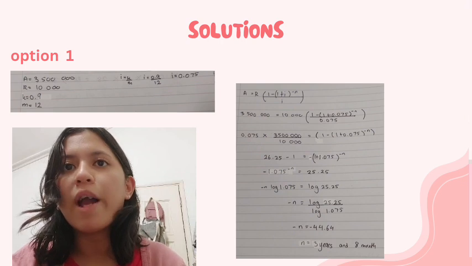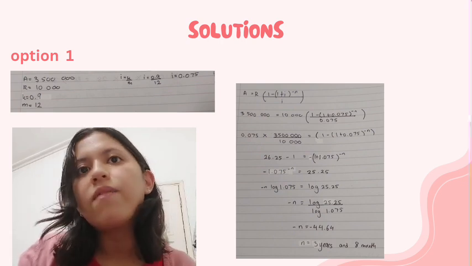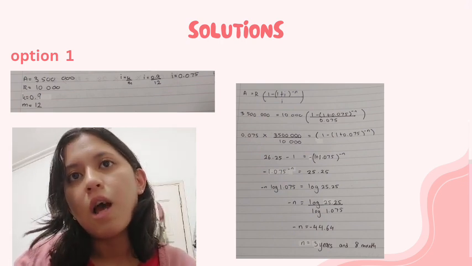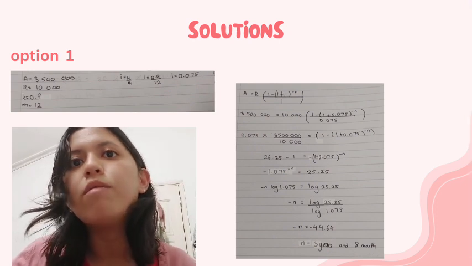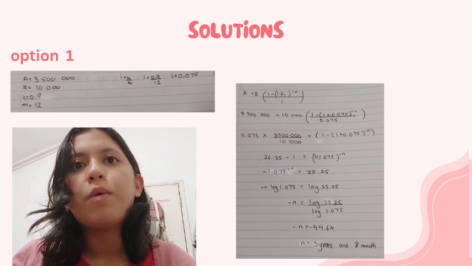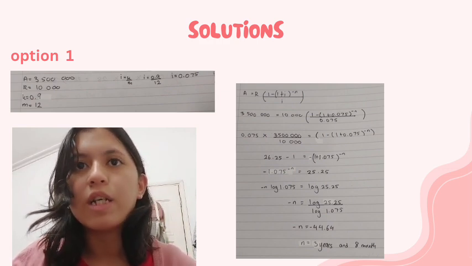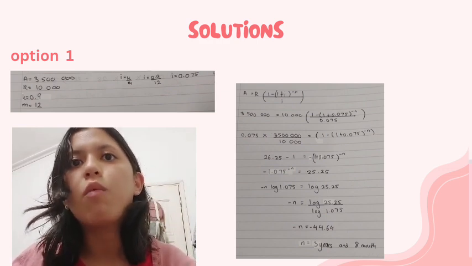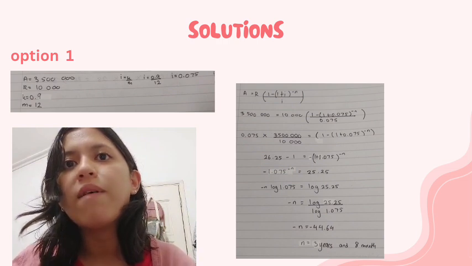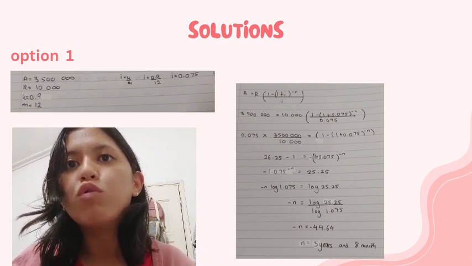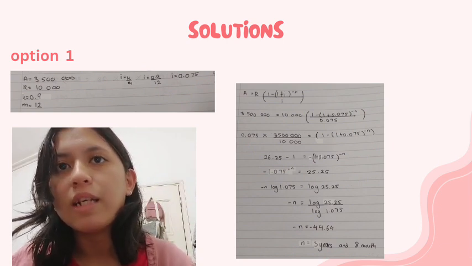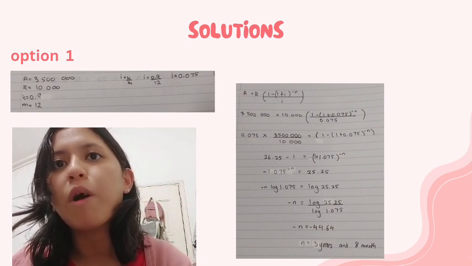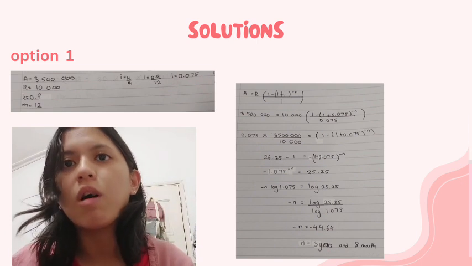Now, we want to find negative n. Negative n is a power, so for us to find it, we have to use log. So negative n we bring to the front. Negative n log 1.075 equals log 25.25. Negative n equals log 25.25 over log 1.075.